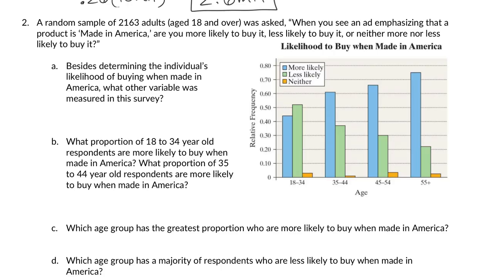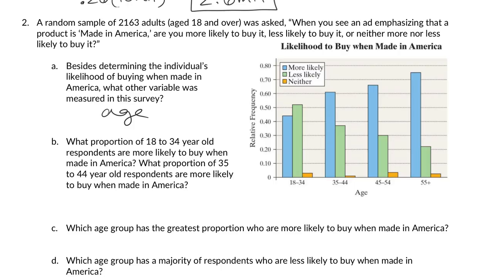Age. We have this side-by-side bar graph that is splitting our sample by age. Because now we don't just see how many of the entire adult population of this 2,163 people respond a certain way. We've broken it down by age, which allows us to answer questions like B.